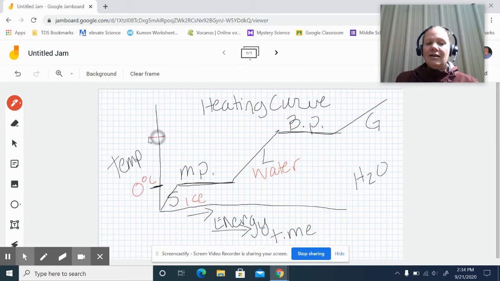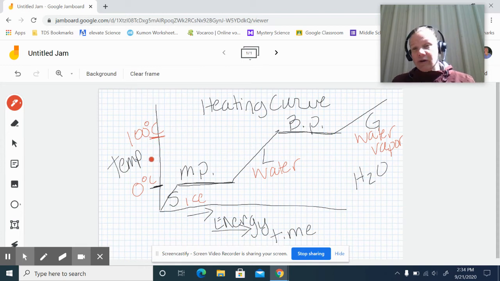And right here, the point at which it goes from water to water vapor is going to be 100 degrees Celsius. So that is where our temperature lines are. As long as you're able to show that this line is equivalent to whatever temperature the actual boiling point is, or down here for the melting point, then you're in good shape.